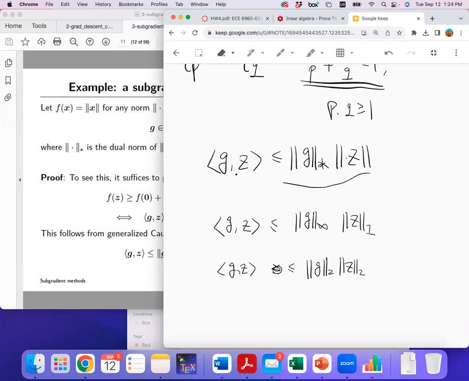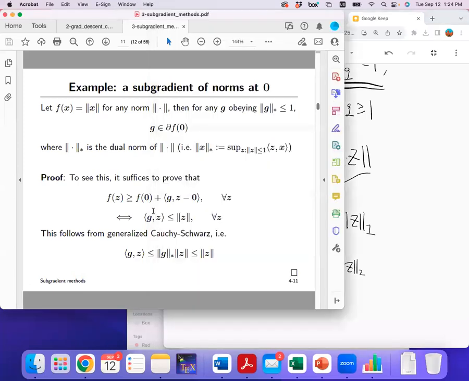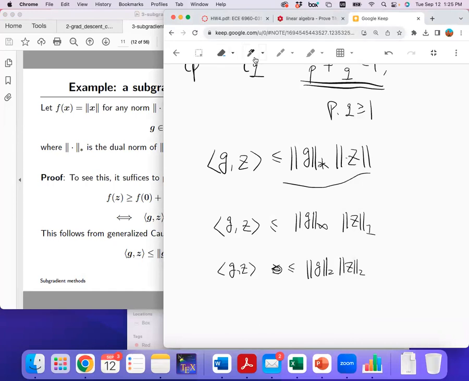But here we are going to look at all the Z's. We need to make sure this holds for all the Z's. If we consider all the Z's, then we can always choose a Z such that this Cauchy-Schwarz inequality achieves equality.